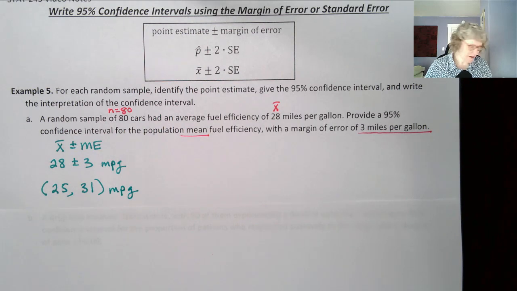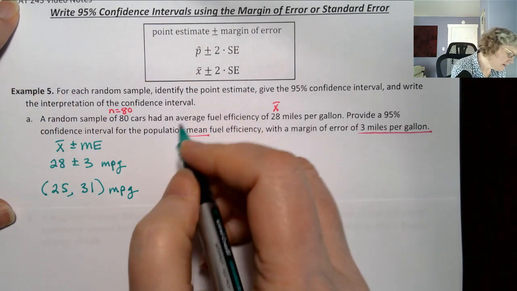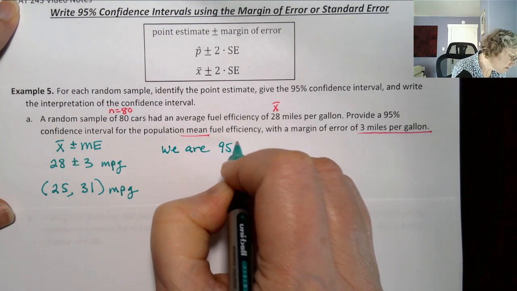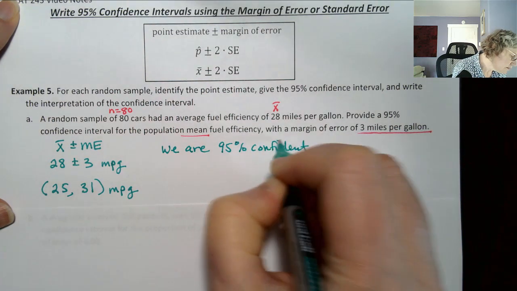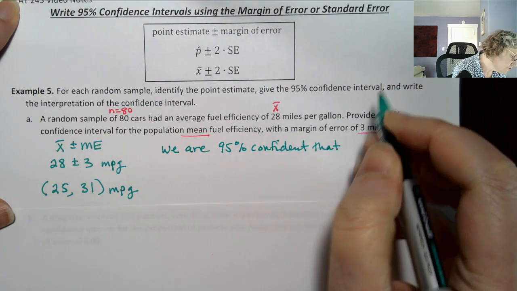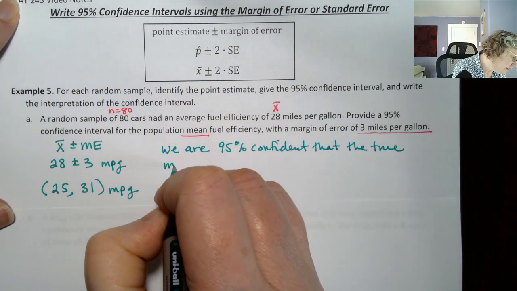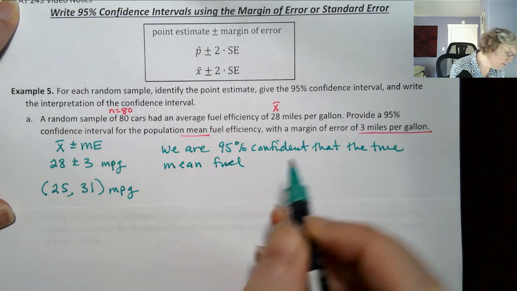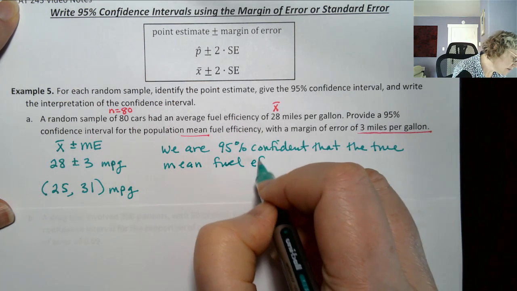Okay, and then we're going to write out our interpretation. So remember what we did in the last video. So we're going to say we are 95% confident that the true mean fuel efficiency, so I'm going to put my variable in there.